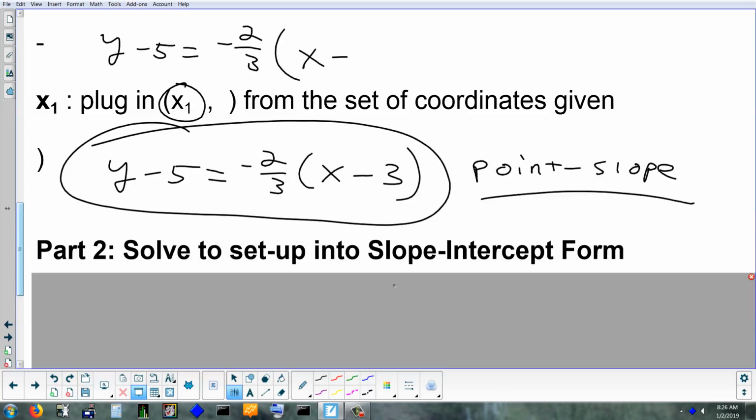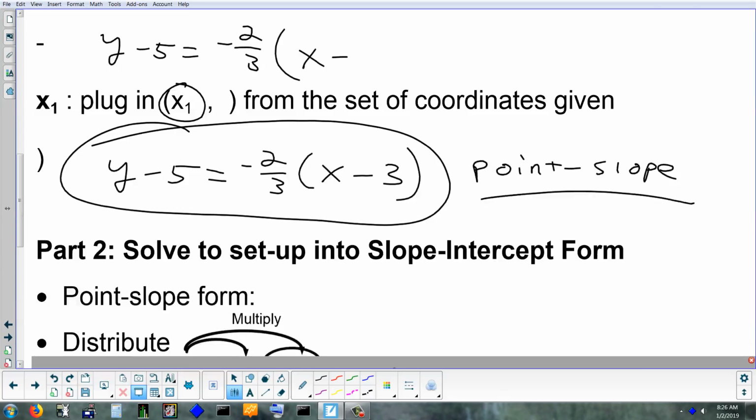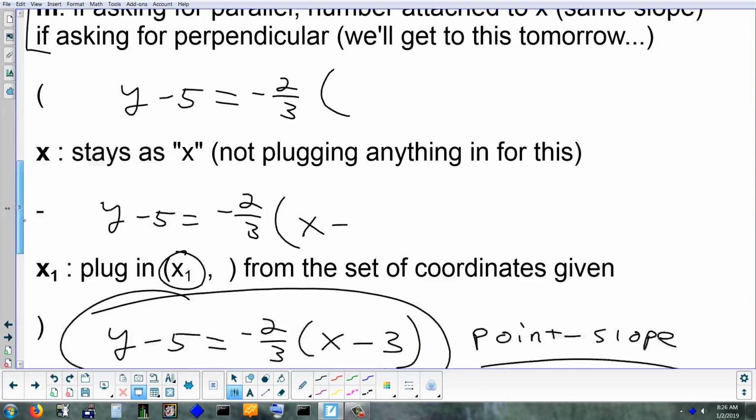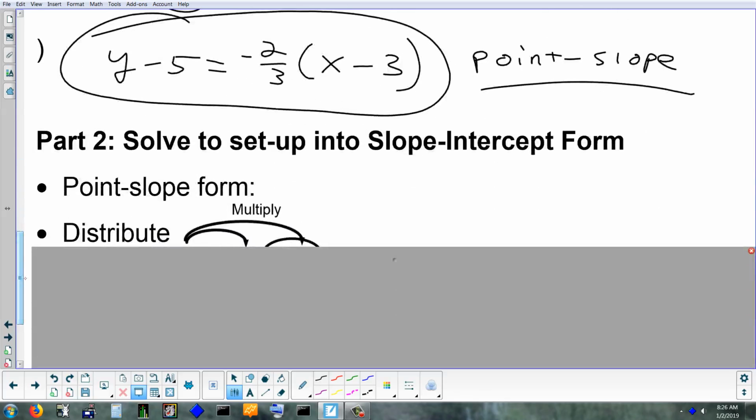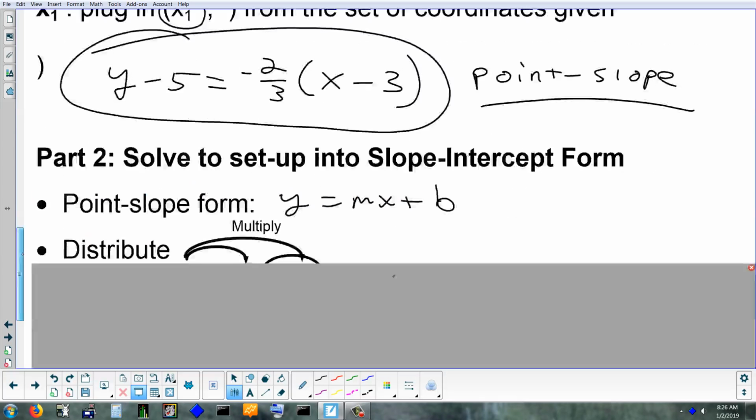Does anyone remember what that one looks like? That's y equals mx plus b, which we're going to write right next to point slope form. The whole key with slope-intercept form is y is on the left, everything else is on the right. So that would be slope-intercept.